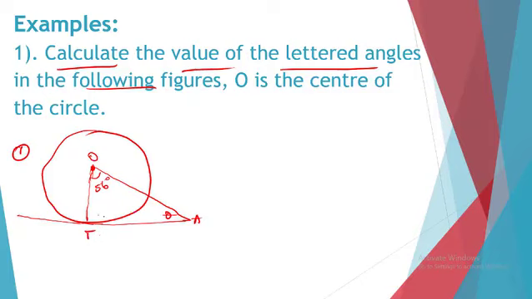Looking at this triangle, you agree with me that here at this point is angle 90. So we say that OTA is equal to 90 degrees. True or false? This is a right angle triangle, so here is angle 90.